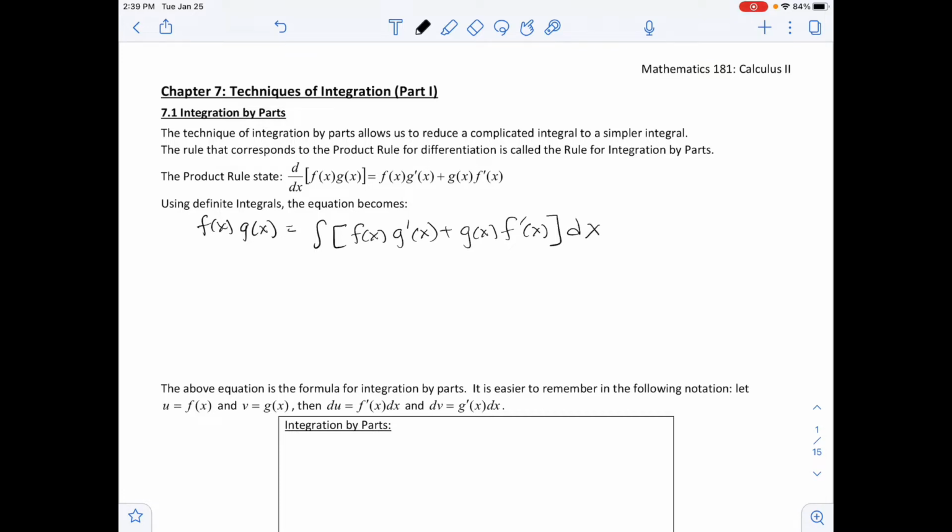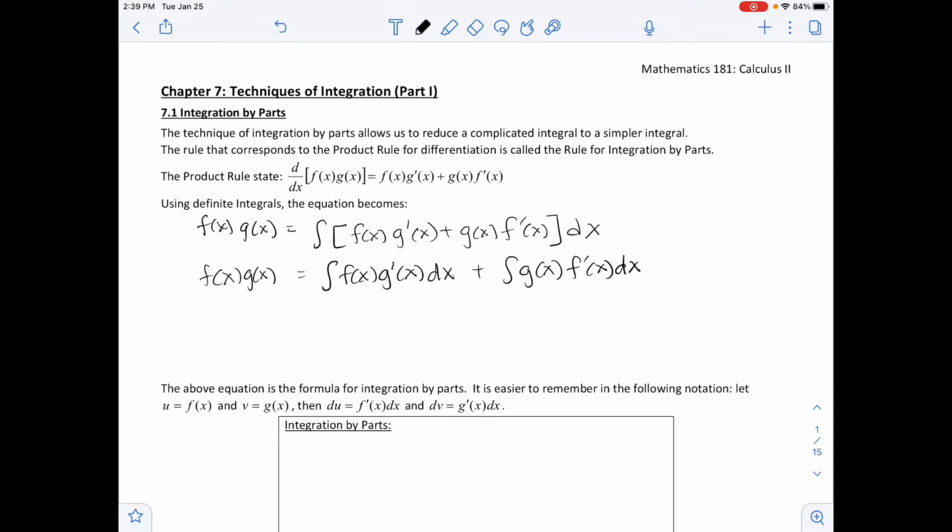Using our integration properties, the left side stays the same, but the integral of each term is separate: the integral of f(x)g'(x) dx plus the integral of g(x)f'(x) dx.